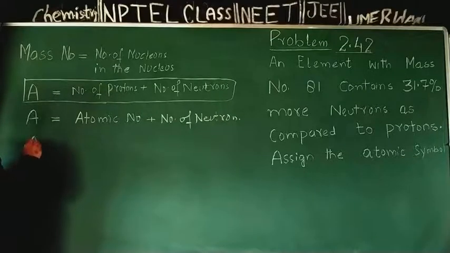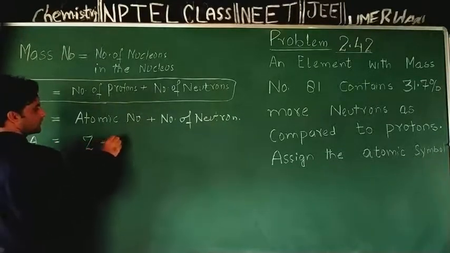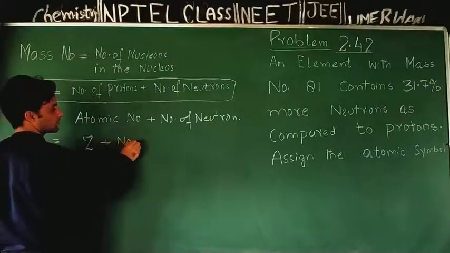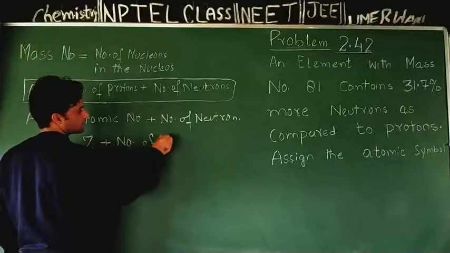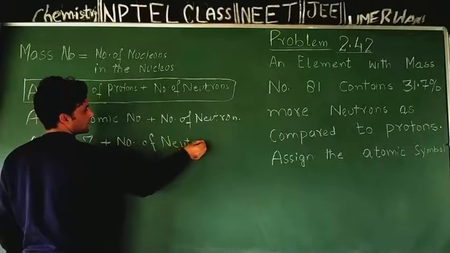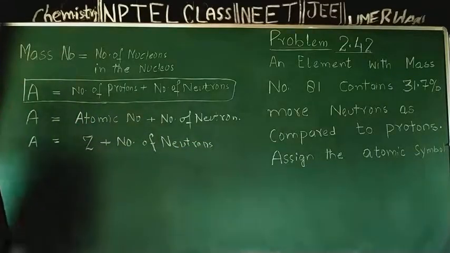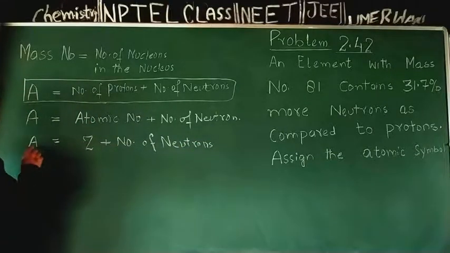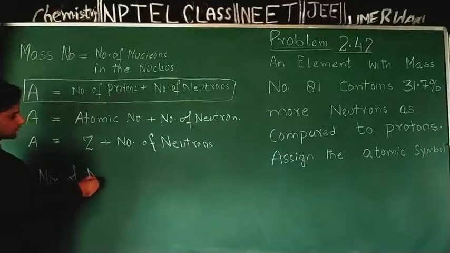Atomic number is represented by Z, plus number of neutrons. From here, I will write a formula expressing number of neutrons in terms of mass number A and atomic number Z.